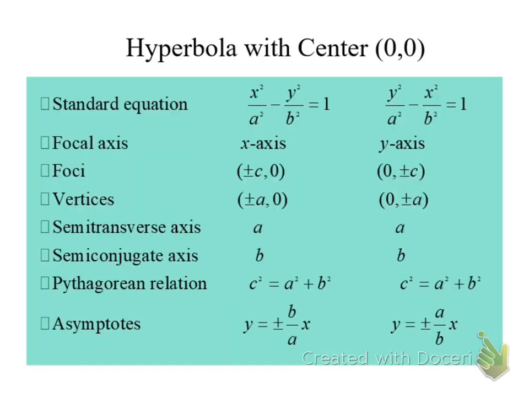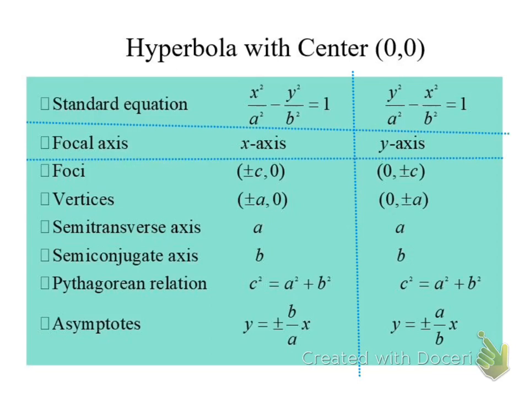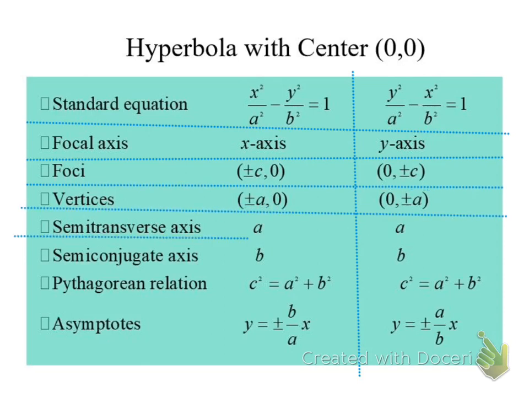So I'm going to set this up like we did the other ones that we've talked about, and I'm going to get my lines drawn. And so with your standard equation, notice now a is going to go with whichever term is positive, which makes a big difference.